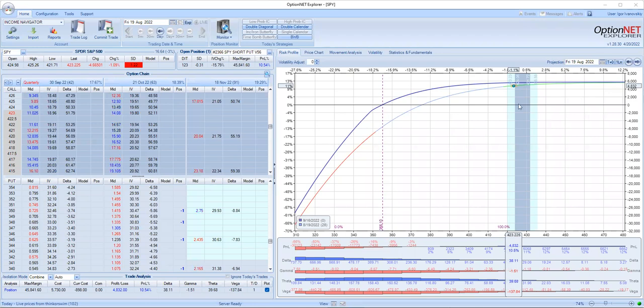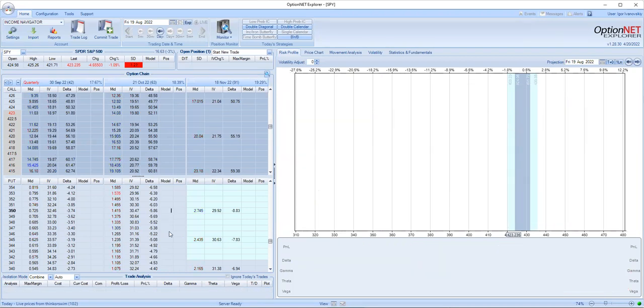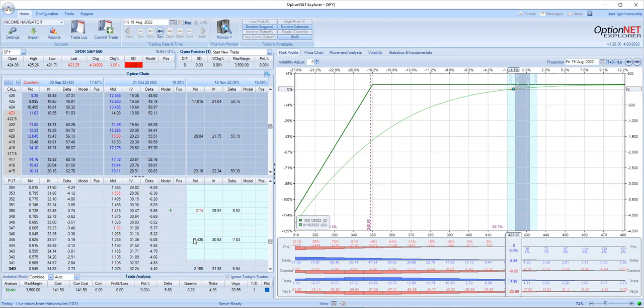So spreads. If I was to, let's say, do a spread, obviously selling, let's say, a 350, and then what am I going to buy? We know a Reg T margin will take about $3,400.